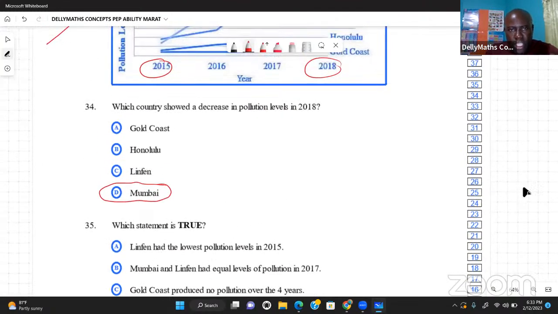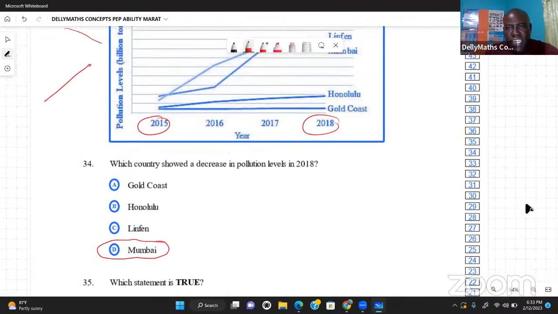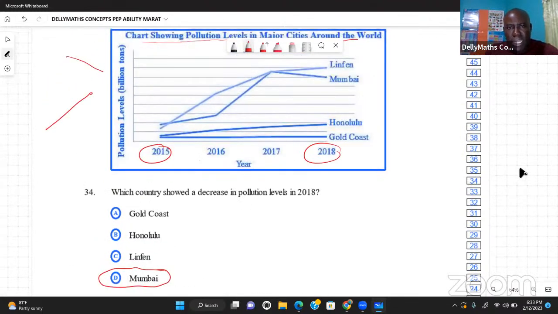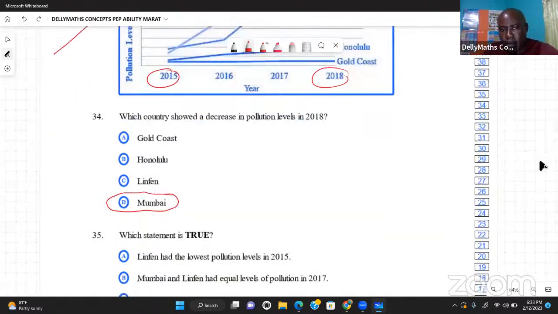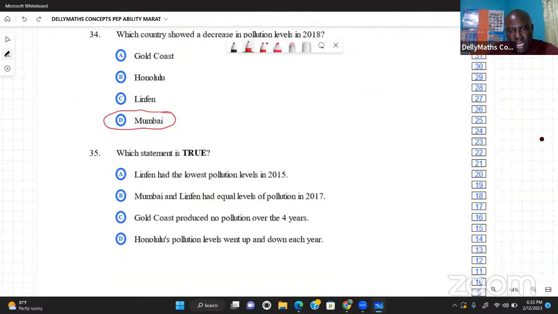Is this true? Liffen is this one right here. That's not the lowest, because there are other things below it. It's not the highest and it's not the lowest. So this statement is not true.